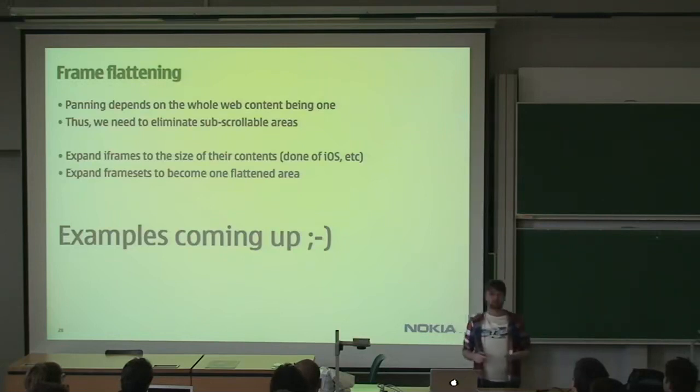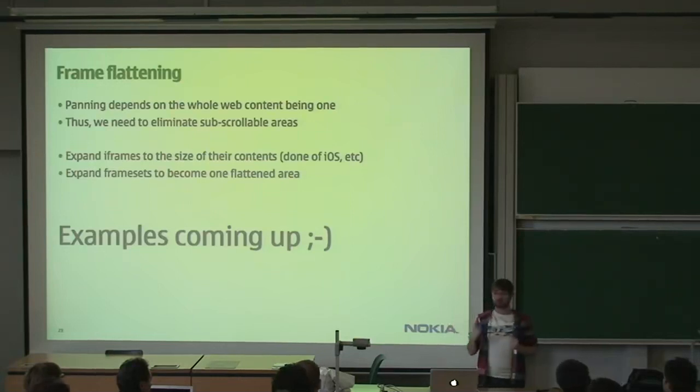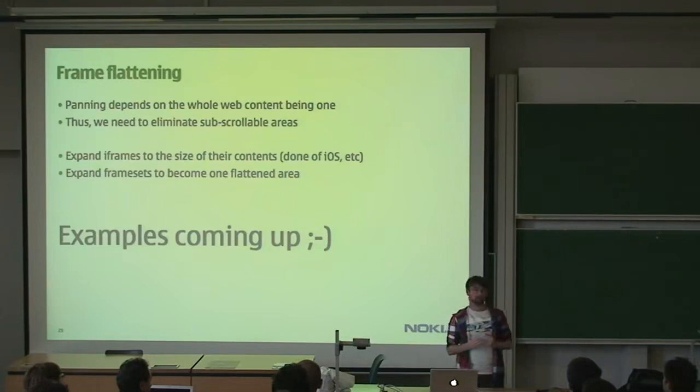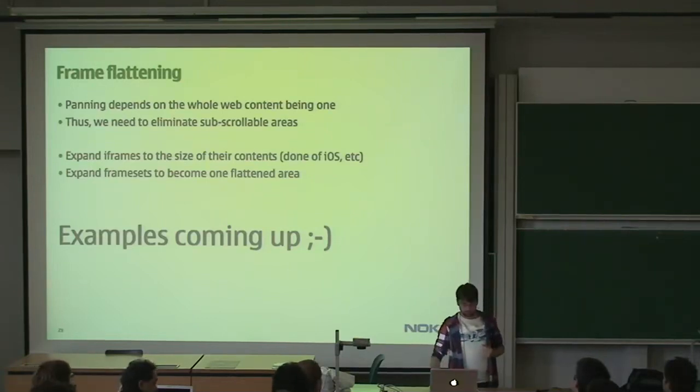So, for instance, what the iPhone does is it says there are no scrollable iframes. They simply expand the iframes to the size of their contents. You would think that would break a lot of pages, but in practice it doesn't. They do the same thing for frame sets, and we also do.